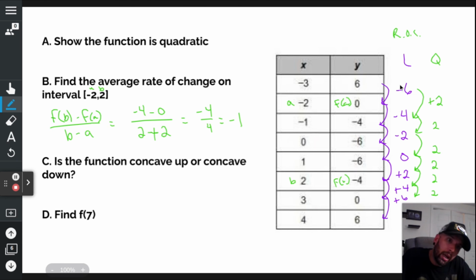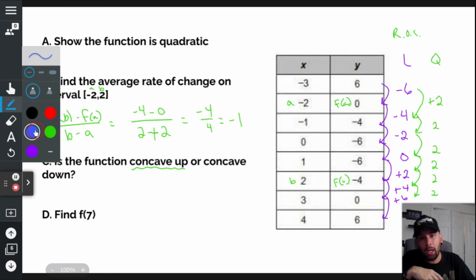The rate of change was -6, -4, -2, 0, positive, bigger positive. My rate of change is increasing, which means concave up. My rate of change went from -6 and got bigger and bigger. Since my rate of change is increasing, it's going to be concave up.